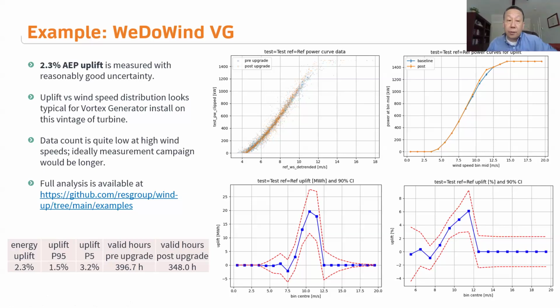Right. So if you have time, if you could just apply your analysis to the control turbine, use the mast as reference, and it might produce a similar result, right?